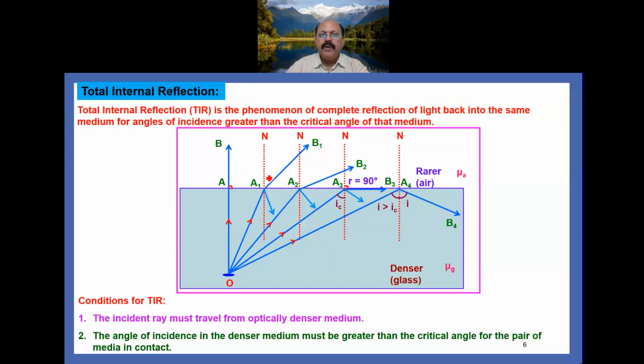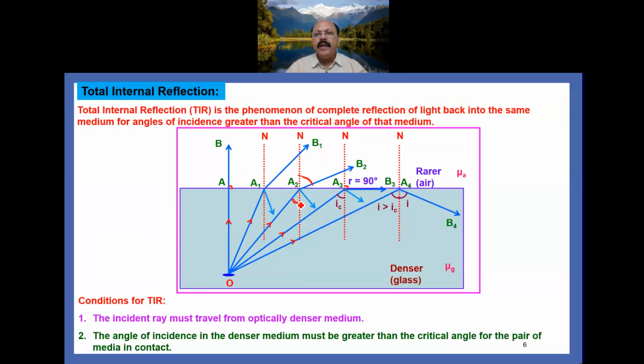So from here, if we increase the angle of incidence, then angle of refraction also increases. In the second ray of light, you see that it is incident along OA2 and the refracted ray is A2B2, means it moves away from the normal more. So this angle of refraction is more. As we are increasing the angle of incidence, the angle of refraction also increases.